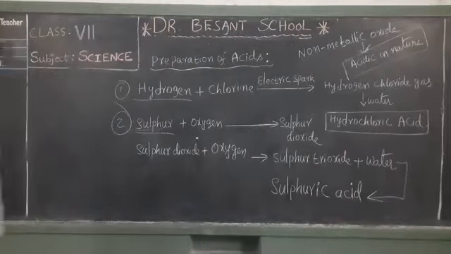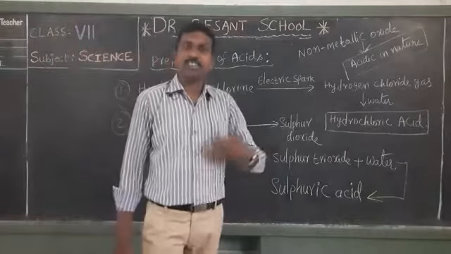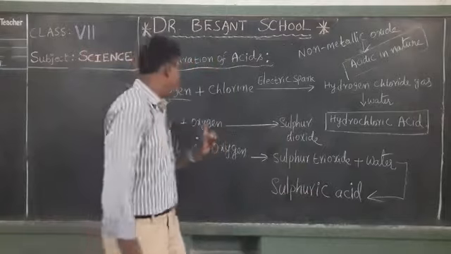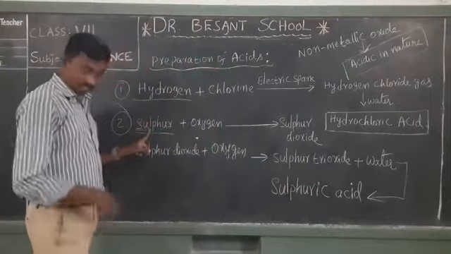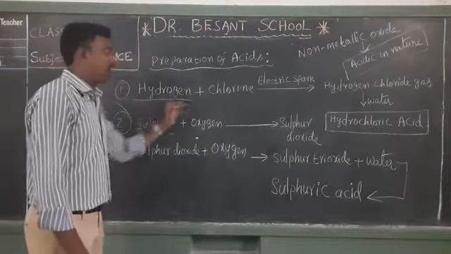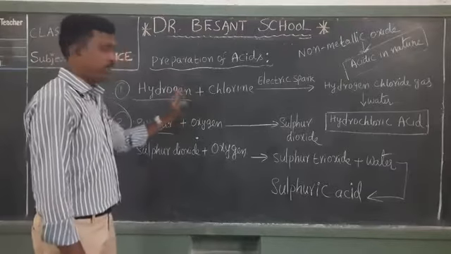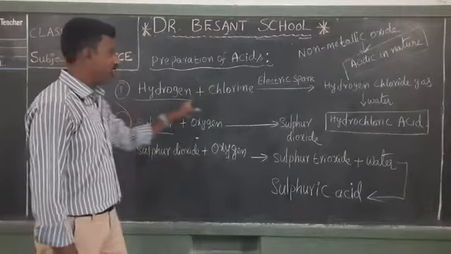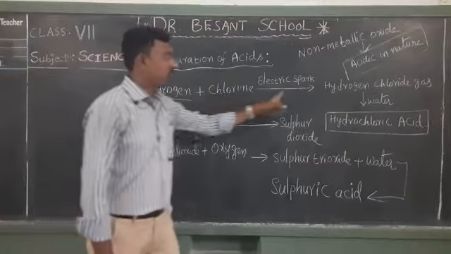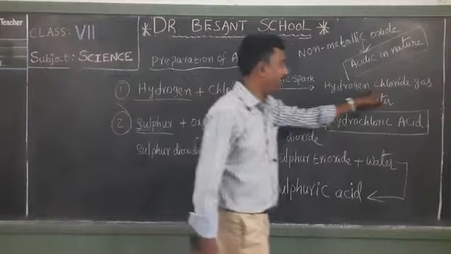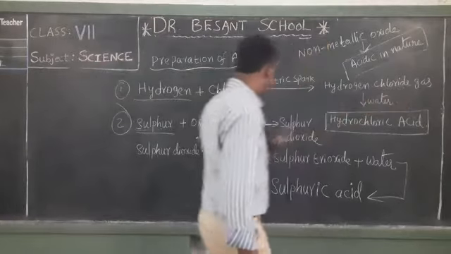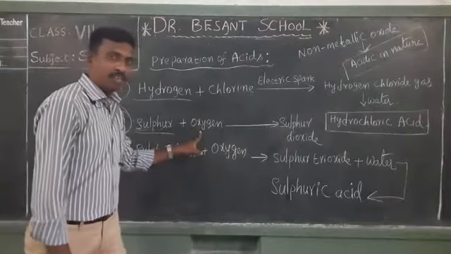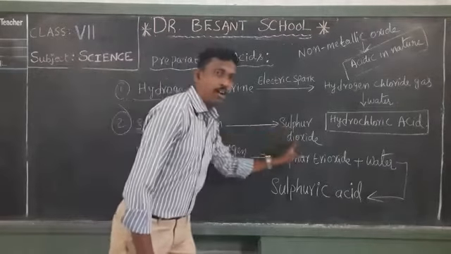Okay, my dear students? Oxide is nothing but the product obtained when a substance reacts with oxygen. Here, hydrogen is a non-metal, sulfur is a non-metal. When a non-metal reacts with chlorine, it is called a chloride, you can see at the end. Now here sulfur reacts with oxygen. What did you obtain here? Sulfur dioxide.